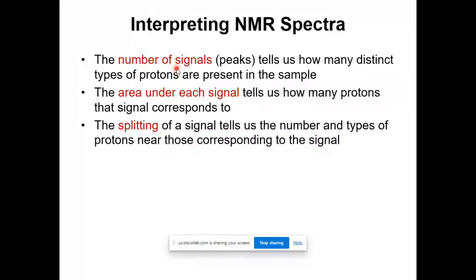Then the chemical shift value of each signal gives you a hint about the environment of each proton. The last thing is the splitting of a signal, which tells the number of types of protons near the ones that correspond to the signal. So this is what we learned from proton NMR.